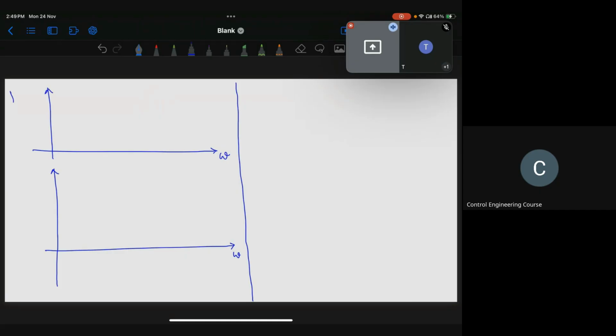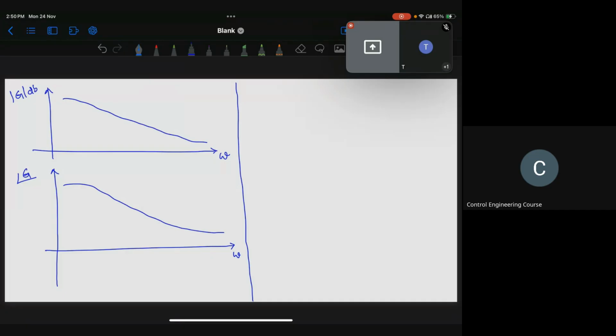Here we have the open loop transfer function G in decibels, and the other is the phase angle phi. Let's say we have a magnitude plot and phase plot something like this.